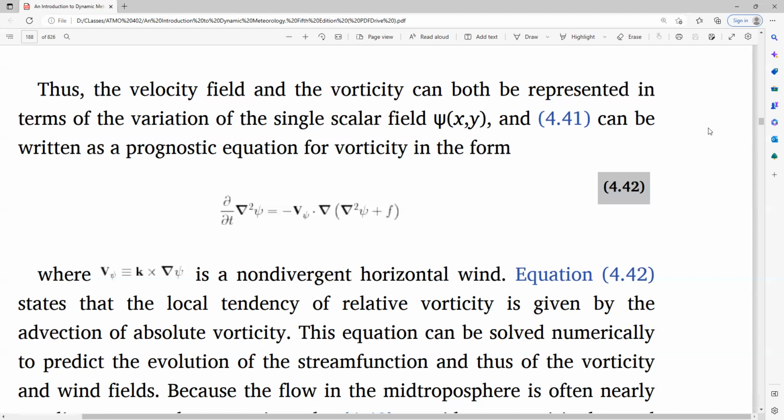So if there is an initial imbalance, then it will be forced.